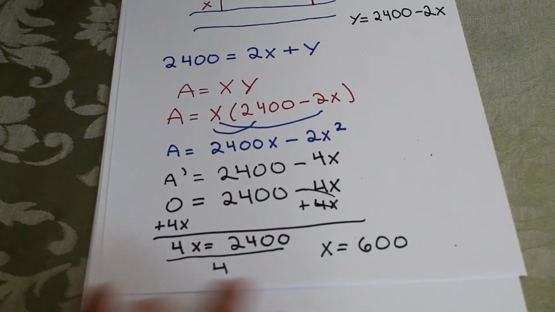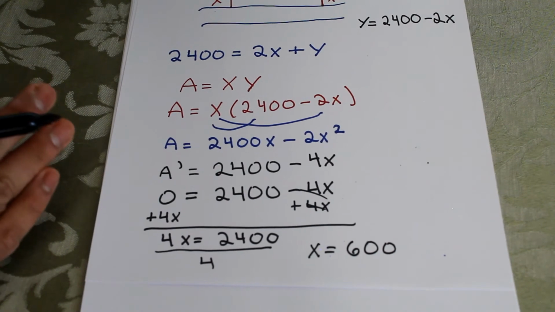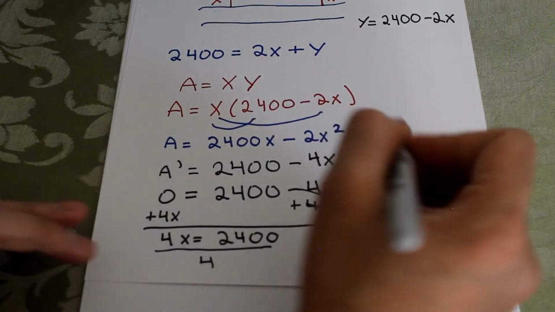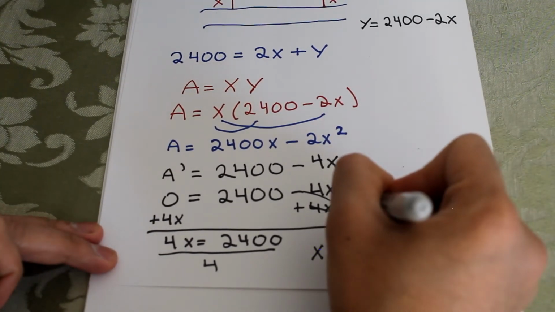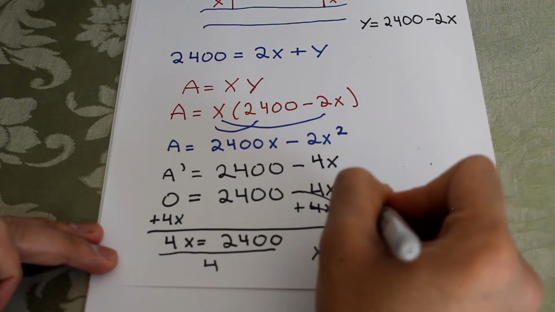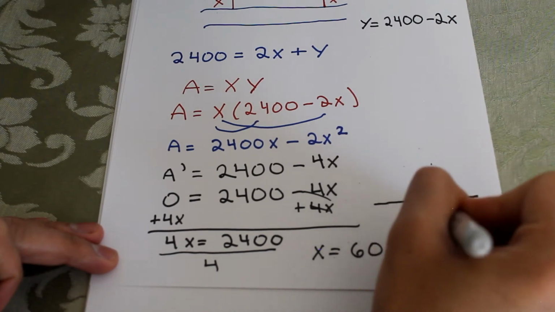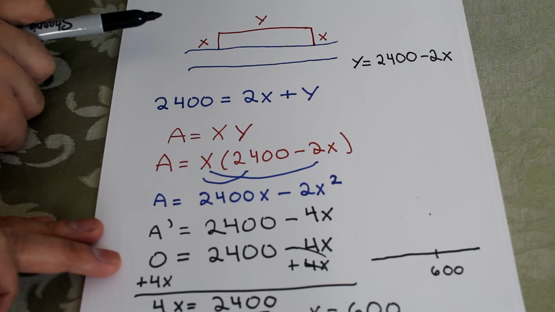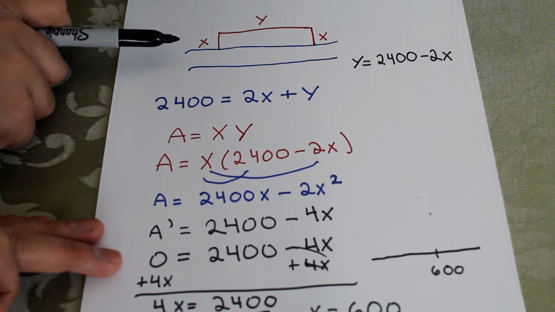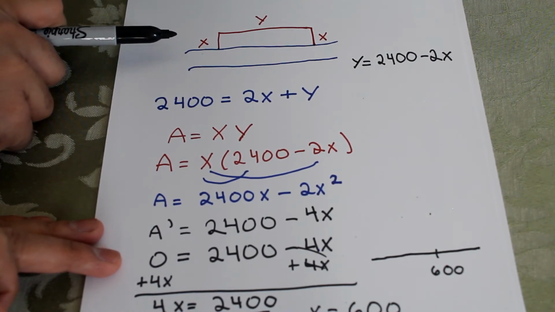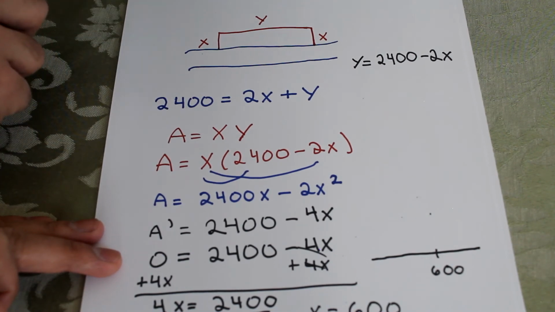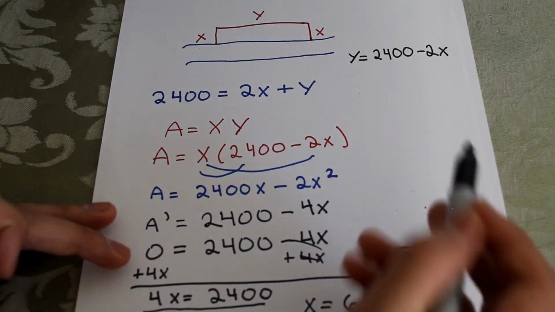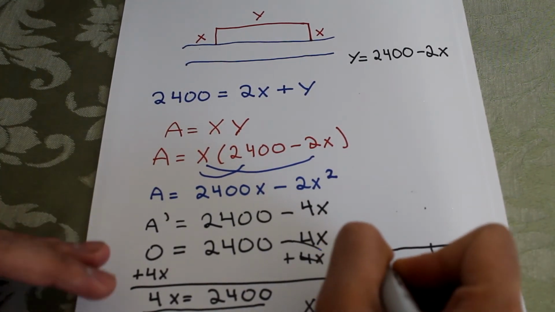Now that's the only critical value that came from the A prime, but we want to make sure that that is a point of maximum, a relative maximum. So we're going to draw something like a number line with 600 over here, and we know that x cannot be 0, it has to be more than 0. If it was 0, then there would be no area, and since it's a length measurement, it's also not negative, so x definitely is greater than 0.